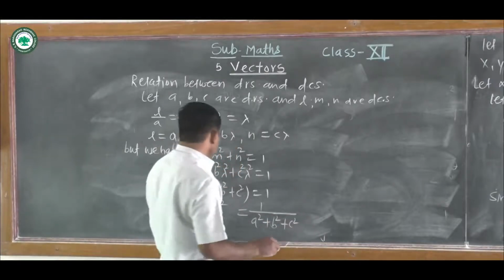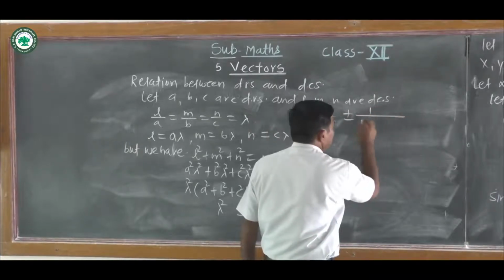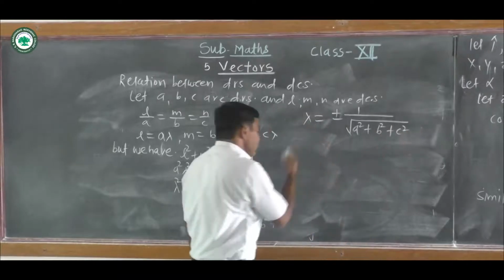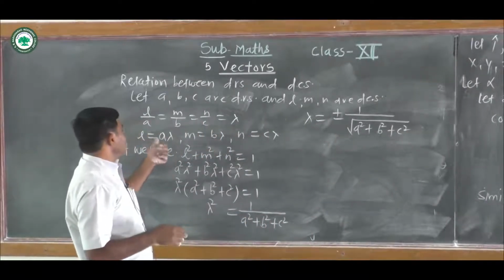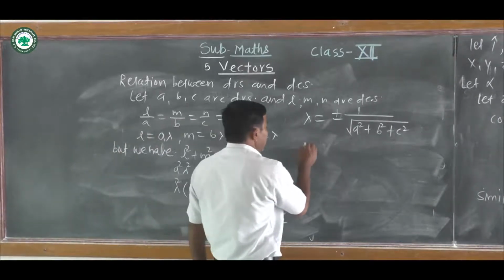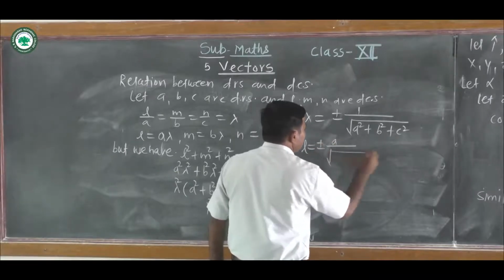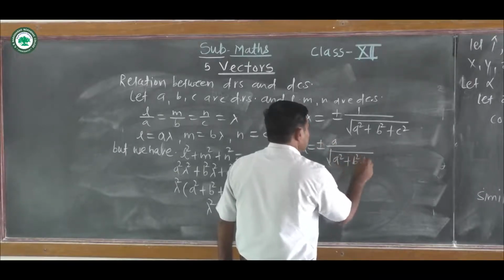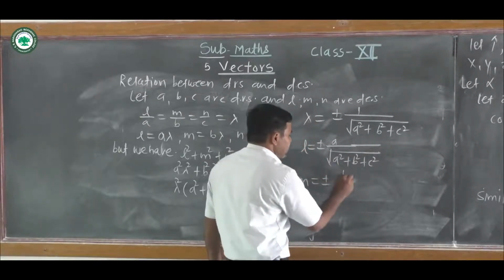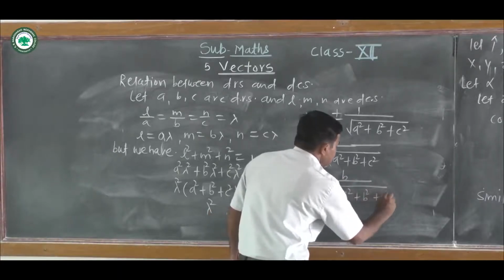That is, lambda is equal to plus or minus 1 upon square root of A square plus B square plus C square. Now put this value of lambda in these equations. L is equal to A lambda, M is equal to B lambda, and N is equal to C lambda. So therefore we have L is equal to plus or minus A upon square root of A square plus B square plus C square. M is equal to plus or minus B upon square root of A square plus B square plus C square.